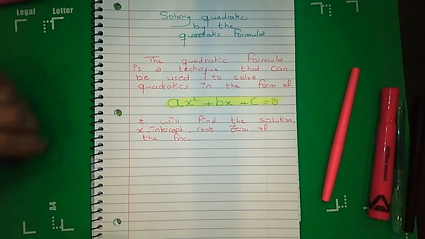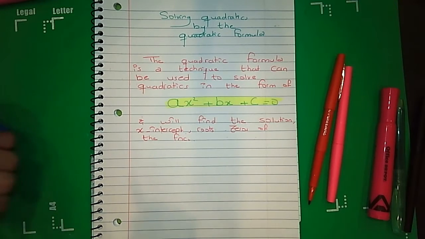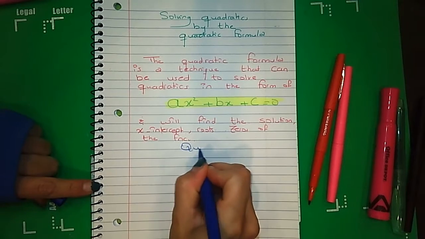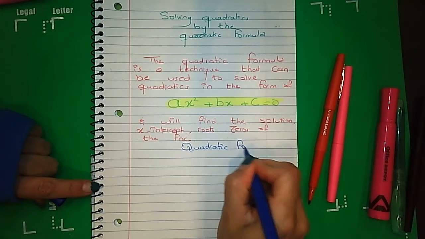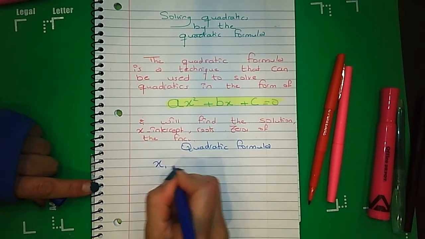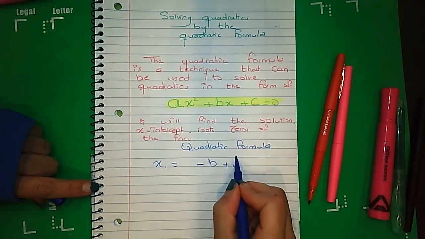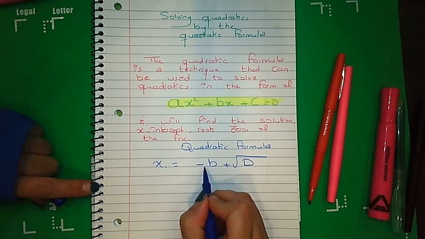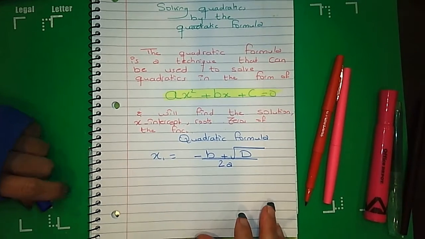So, in general, the quadratic formula could be defined as x1 equals negative b plus square root of d over 2a. We're going to talk about each term.